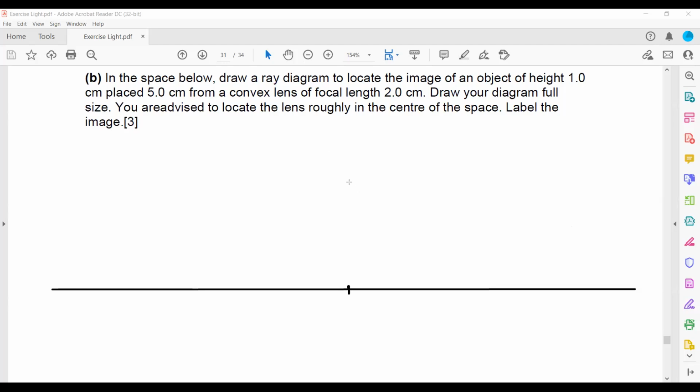The position of the lens you can represent by a dotted line. So use a dotted line to show the position of the lens. Do this part.